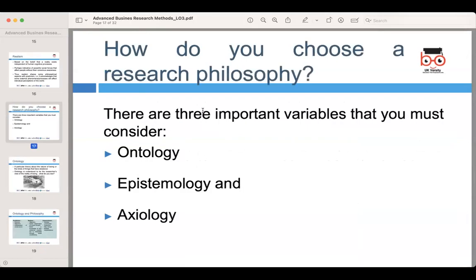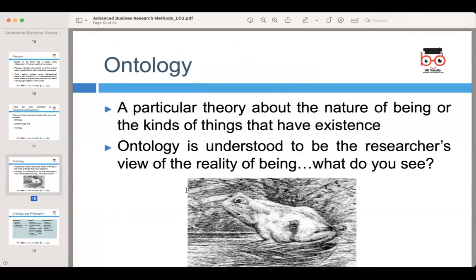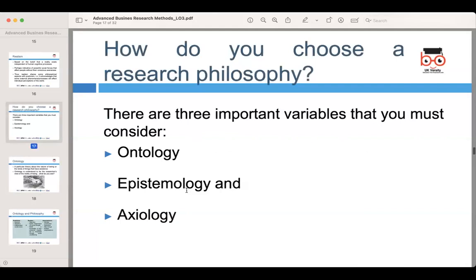Second one is epistemology. Epistemology is concerned with how knowledge is acquired and what constitutes valid knowledge. It deals with questions like how do we know what we know, and are there certain methods or criteria that can help us establish knowledge.